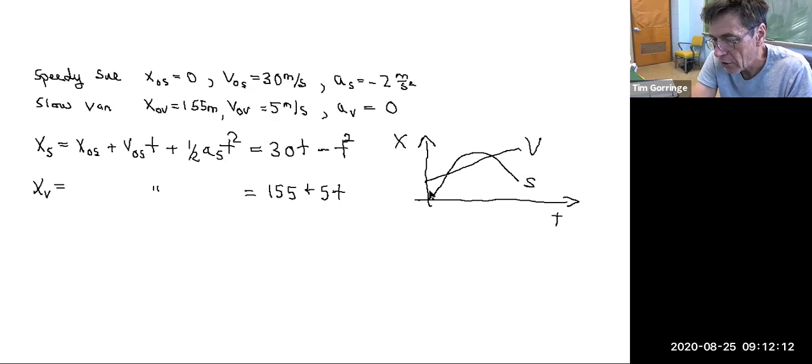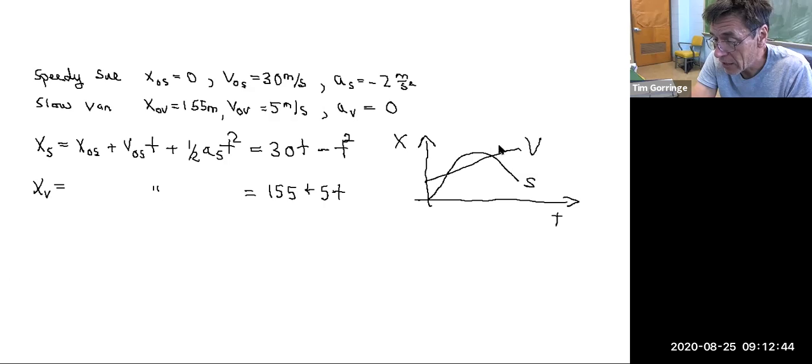When that constant acceleration is opposite her direction of motion, she slows down to a stop. When it's in the same direction as her direction of motion, she speeds up, getting faster. This curve is actually called a parabola. And that curve that I've drawn is 30t minus t squared. That's what that parabola looks like. The van, here's the van's position as a function of time. It's actually a straight line.